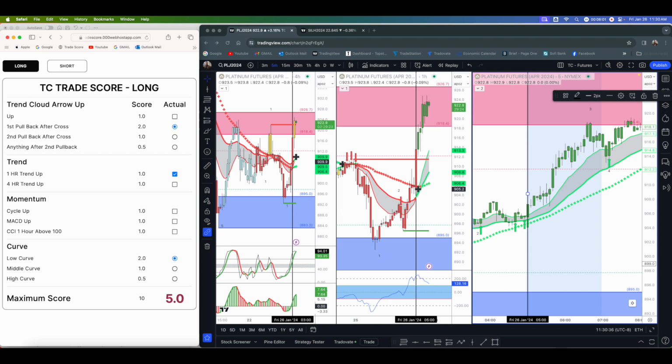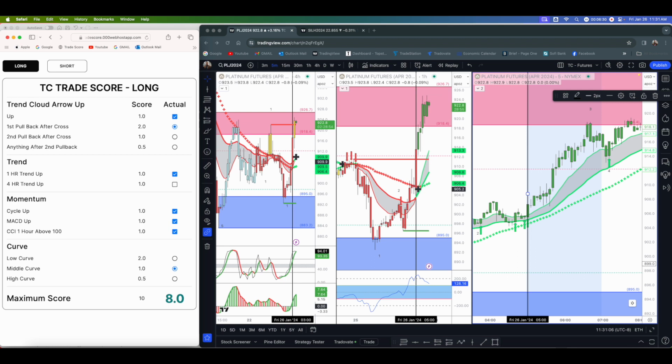But it was cycling up, MACD up, CCI indicator above 100, so the momentum to the upside was very strong. So we're going to choose all of this here. And when I did the curve analysis, it was in the middle of the curve. So it came out to be 7.0, and the up arrow gets 1 point, so that's how it came out to be an 8.0 score.